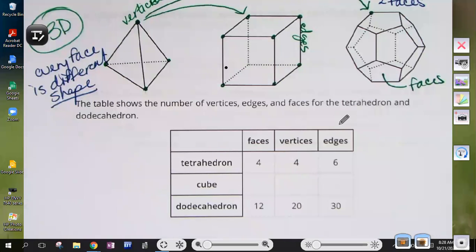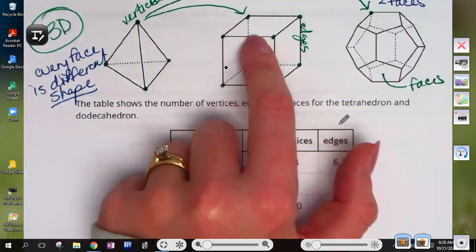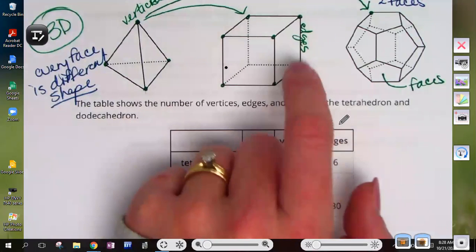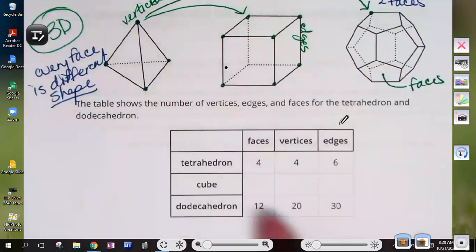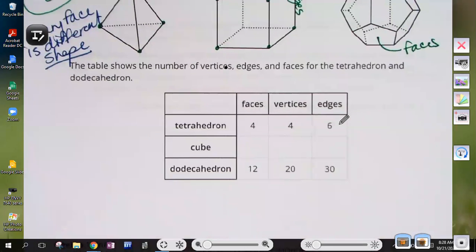Okay, so I'm going to give y'all about 2 minutes. I want y'all to go in and fill in these spots here in the table. So you're going to have to go up here to the cube and count all the vertices, count all the edges, and then I want you to look at the table and make some observations. So I'll give y'all about 3 minutes to do all that. Ready, go. I'm going to walk around and help you if I need to. You want me to check it when you're finished? Just raise your hand. I'll come by and check.